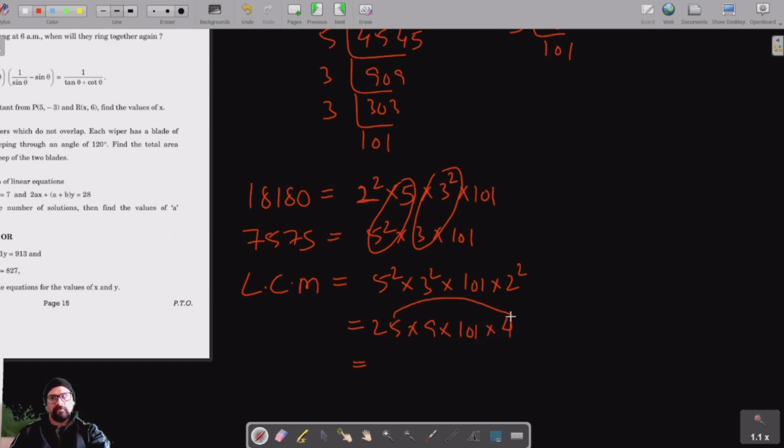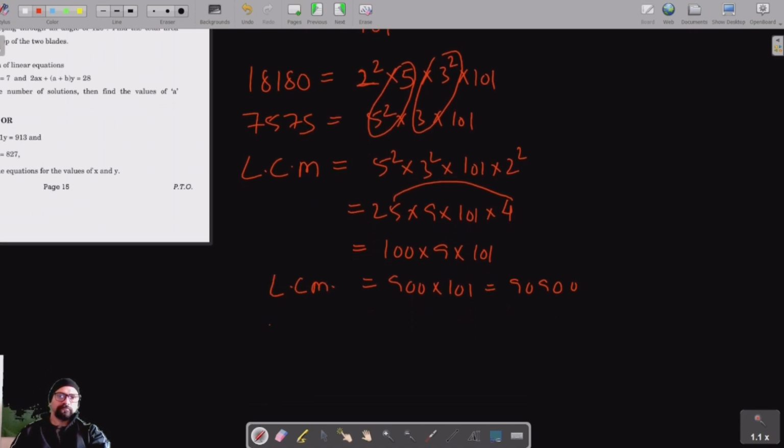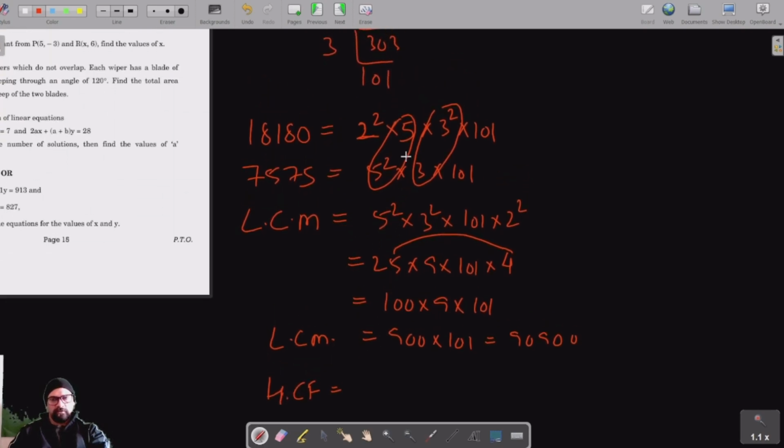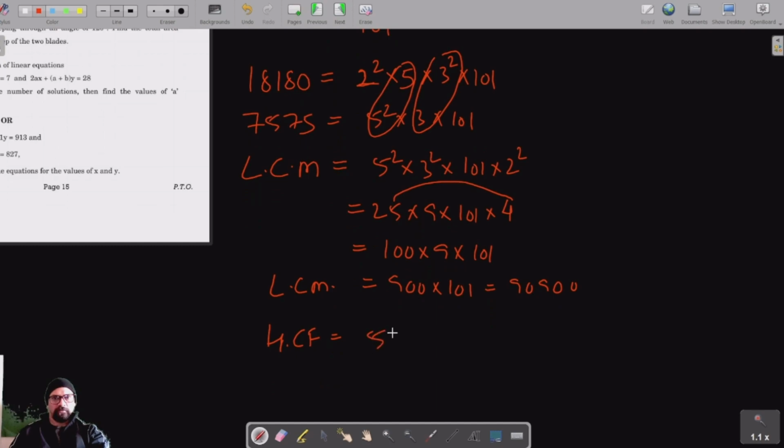So 25 into 4 is 100 into 9 into 101. So 100 into 9 is 900 into 101, which gives us 90900. This is the LCM. And to find out the HCF, we have to take the smallest among the common factors. So this is 5 into 3.